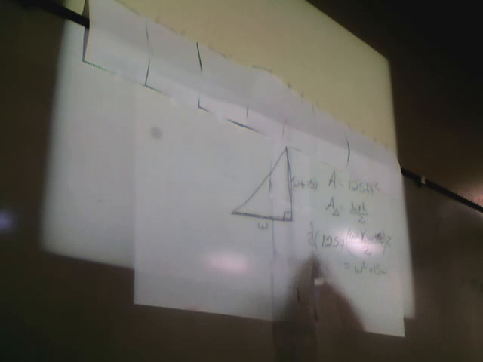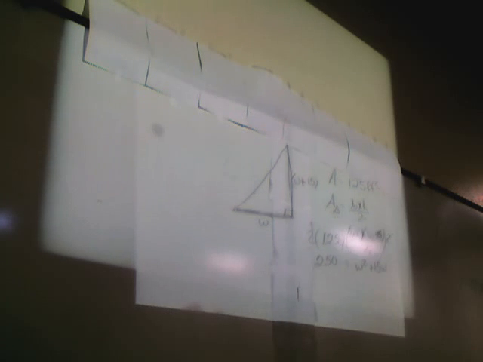So W squared plus 15W equals 125 times 2, which is 250. To make that equal to 0, we need to subtract 250. So we'll have W squared plus 15W minus 250 equals 0.